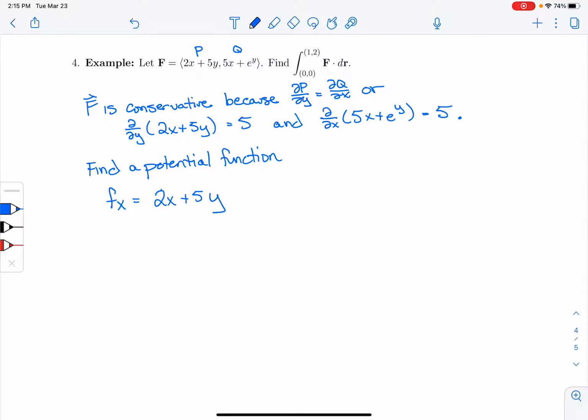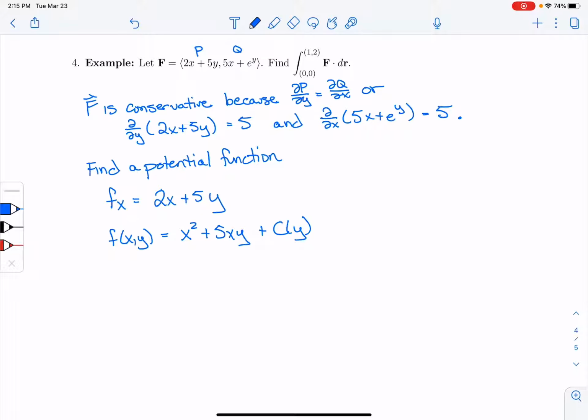So I'm going to find the antiderivative, and that tells me that f of x, y is going to be x squared, integrating the 2x with respect to x, plus 5xy, plus some function of y. We'll call that function c of y. Okay.